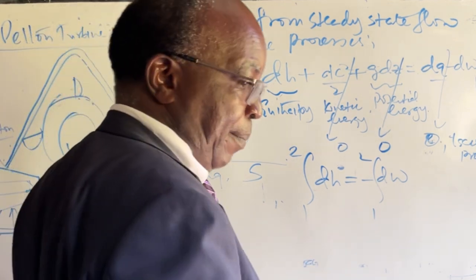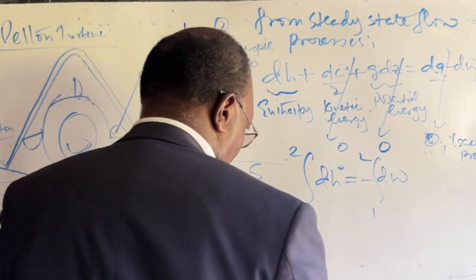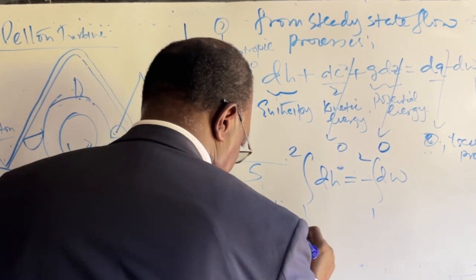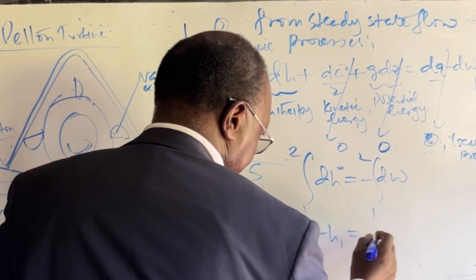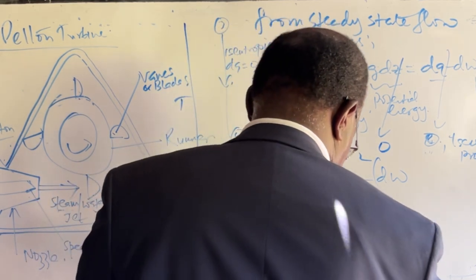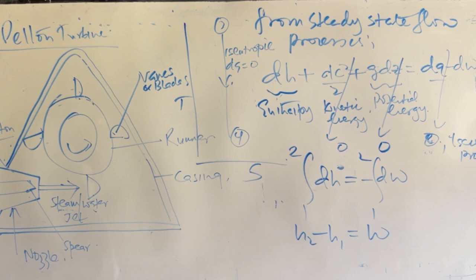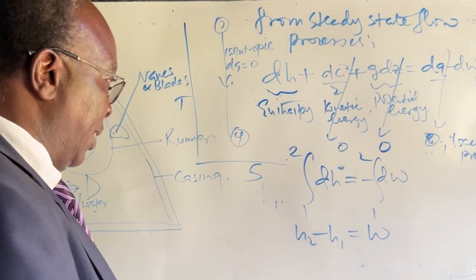And of course, when it leaves the turbine, the pressure is significantly low. So, being a state function, this becomes H2 minus H1, and that will be equal to W. Remember, there's no W2 minus W1, I repeat, because work is a path function.